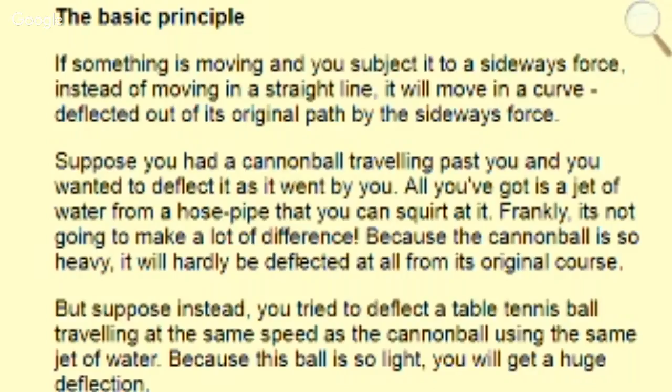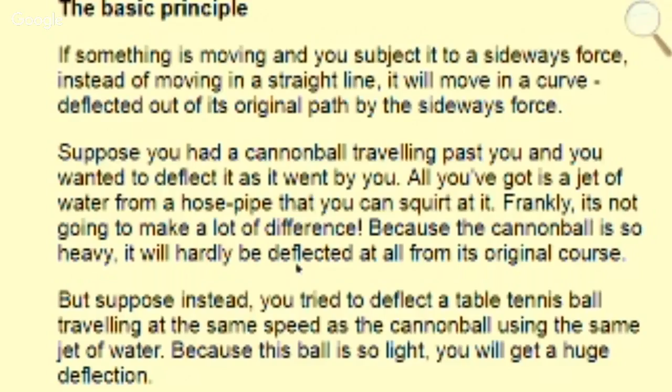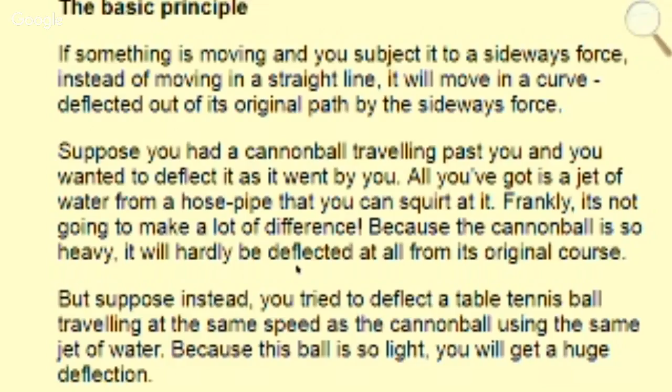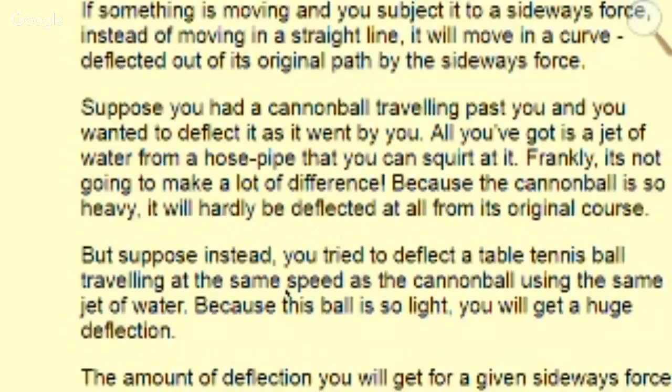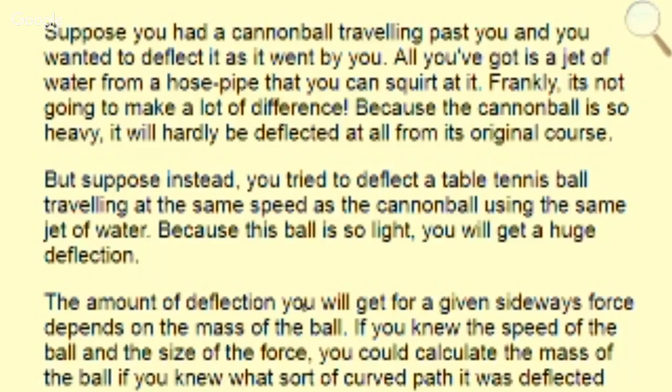Cannonball traveling past you and you want to deflect it as it went by you. All you've got is a jet of water from a hose pipe that you can squirt at it. Frankly, it's not going to make a lot of difference because the cannonball is so heavy it will hardly be deflected at all. But suppose instead you tried to deflect a table tennis ball traveling at the same speed as the cannonball using the same jet of water.